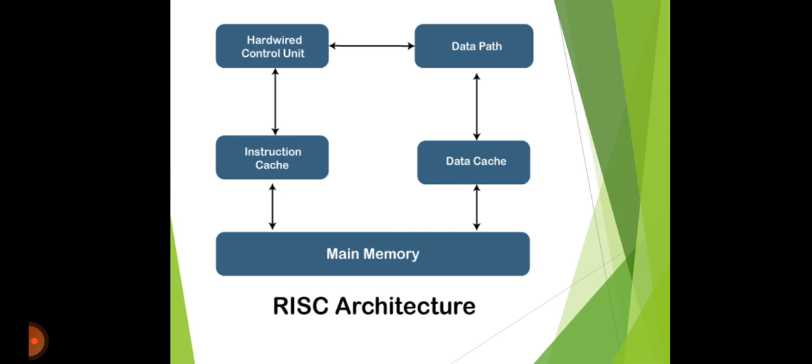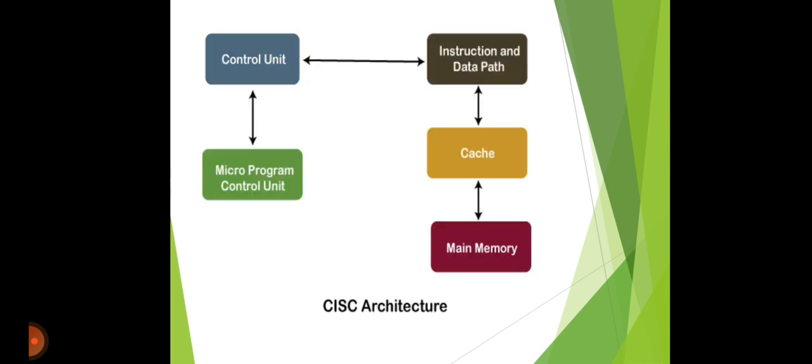RISC architecture can be used with high-end applications like telecommunication, image processing, video processing, etc. And this is the CISC architecture, which consists of a microprogram control unit, control unit, instruction and data path, cache and main memory. Also, this architecture can be used with low-end applications like home automation, security systems, etc.